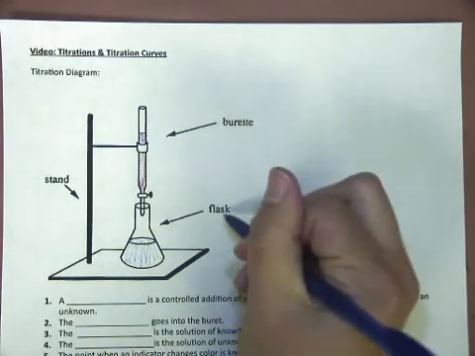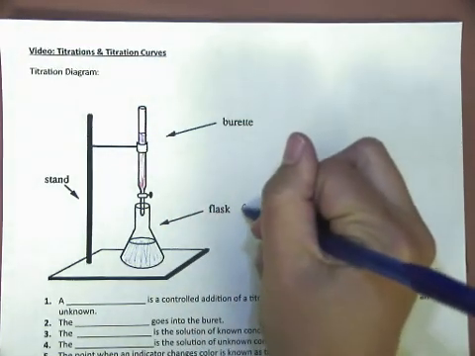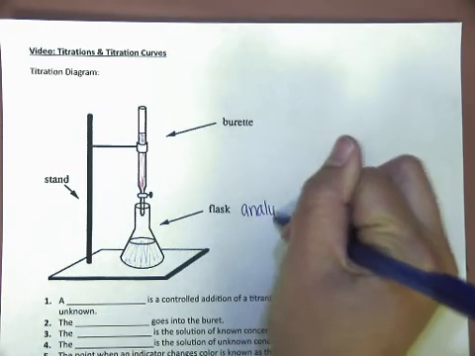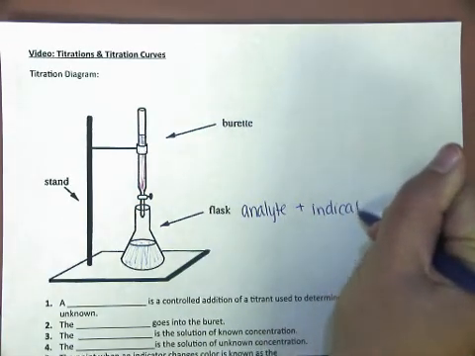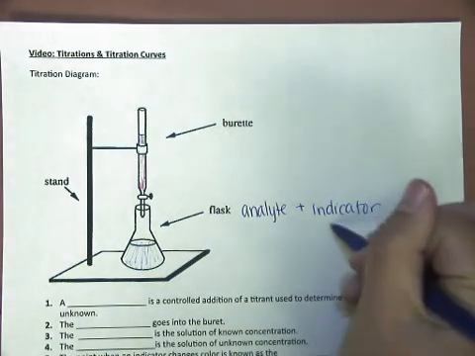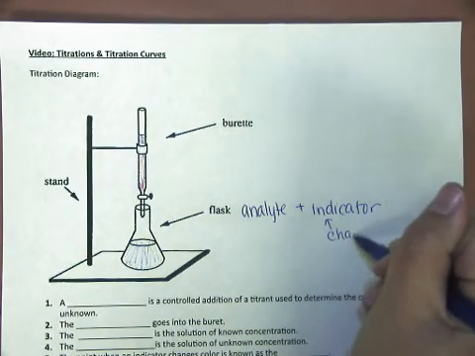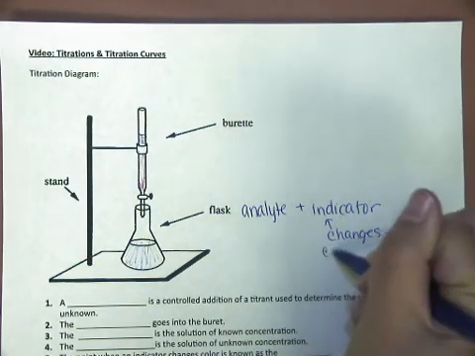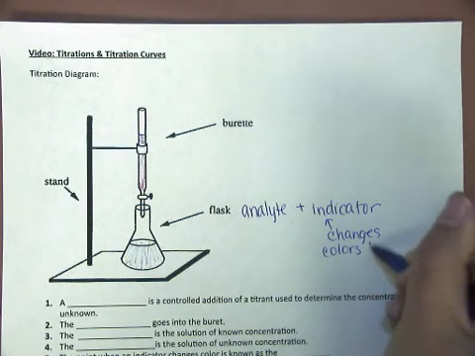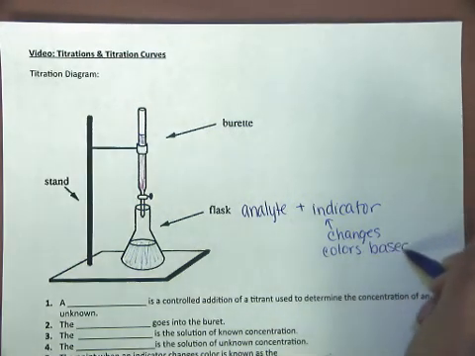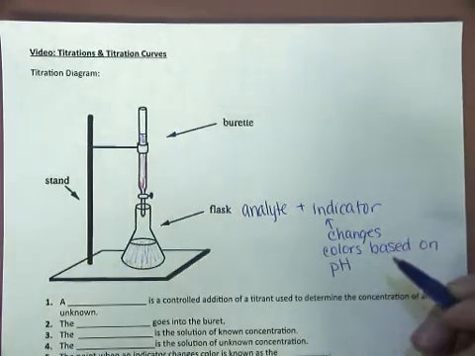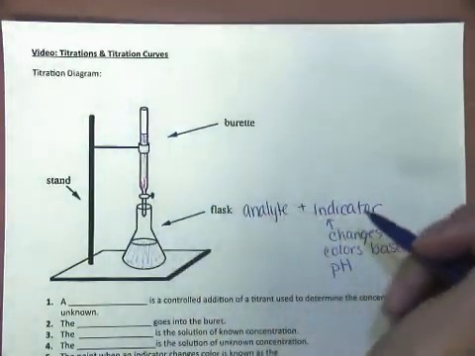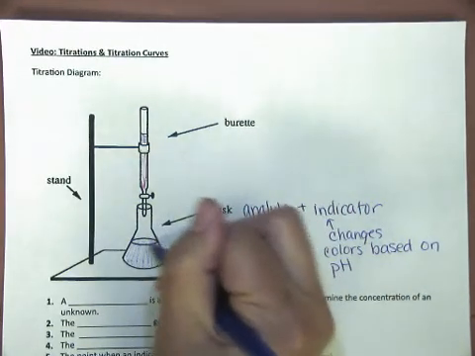So, inside the flask is our analyte and our indicator. The indicator, remember, changes colors based on pH. Our analyte is our unknown concentration.